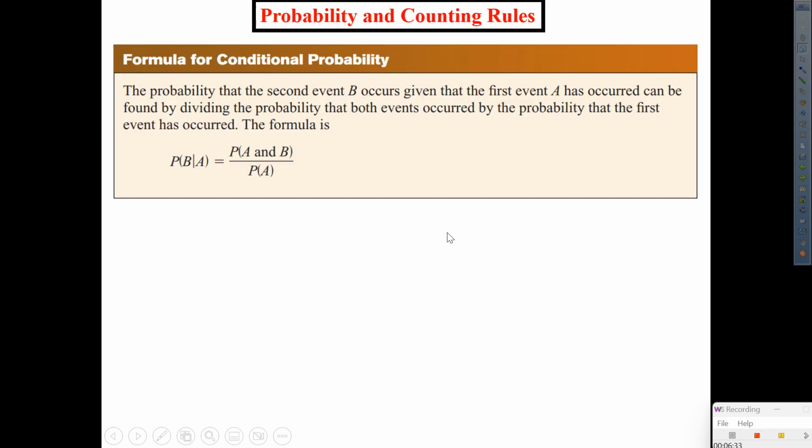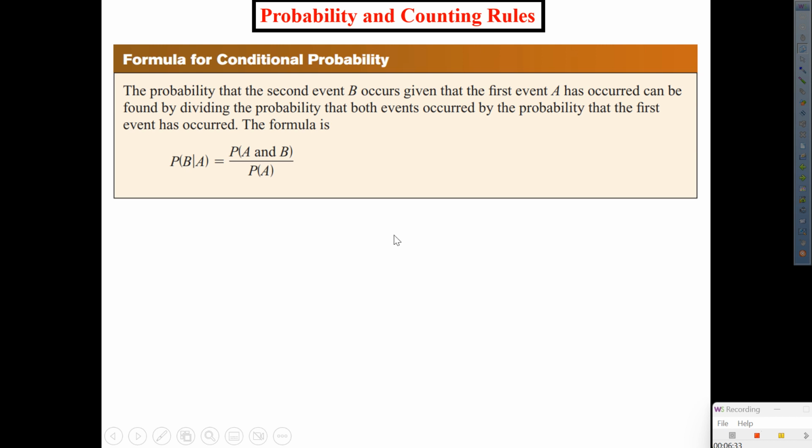Copy this formula, please. Formula for conditional probability. The word conditional means that something needs to be met before we find the probability of the other.